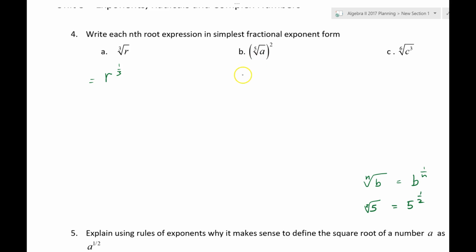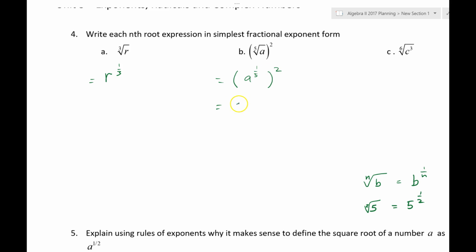For b here, we'll start off by simplifying what's inside the parentheses. Well, the 5th root of a, by definition, is the same as a to the 1/5 power. And this whole thing is squared. And the same rules of exponents apply even when they're fractions. So we have a base number raised to an exponent, all raised to another exponent.